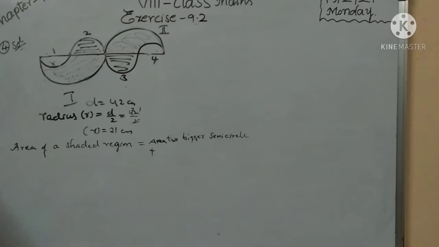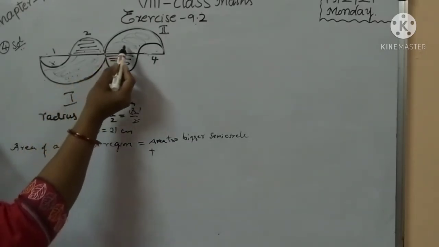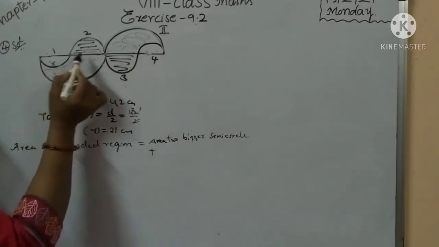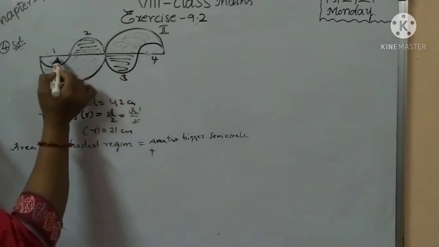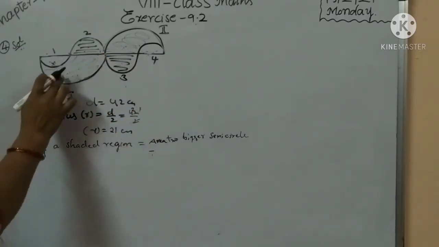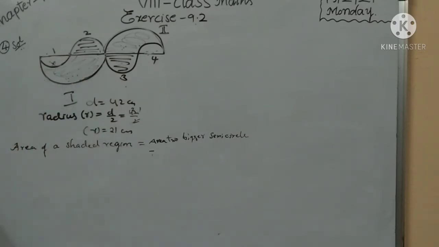Here there are two bigger semicircles, and inside them are two empty semicircles. So minus, we are subtracting the small semicircles.